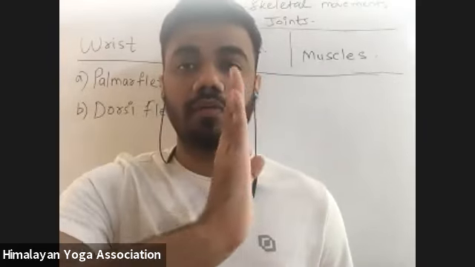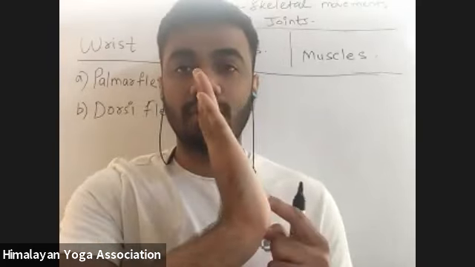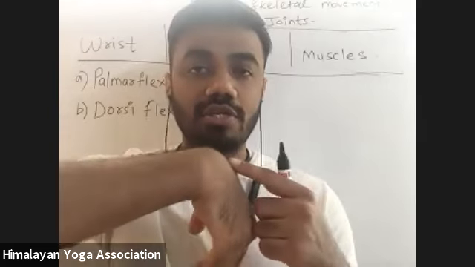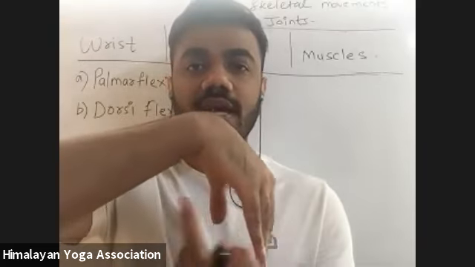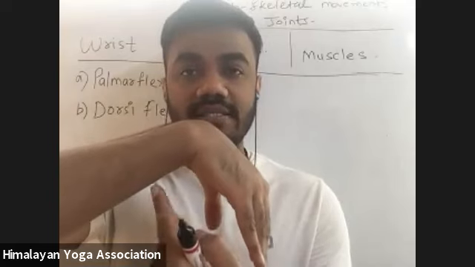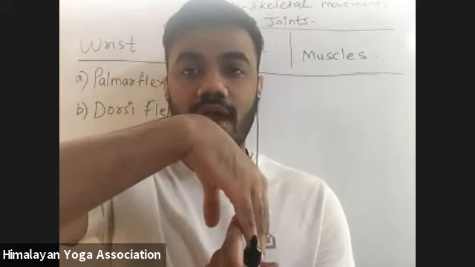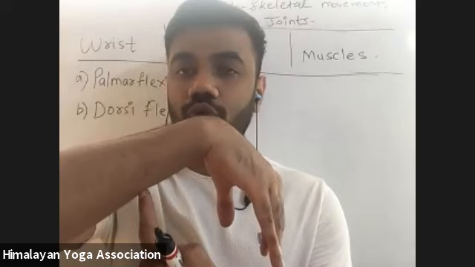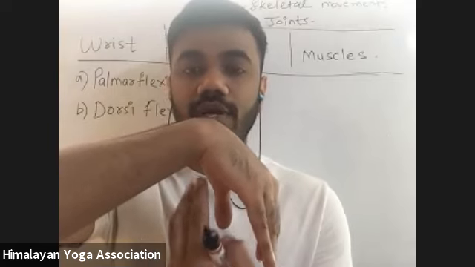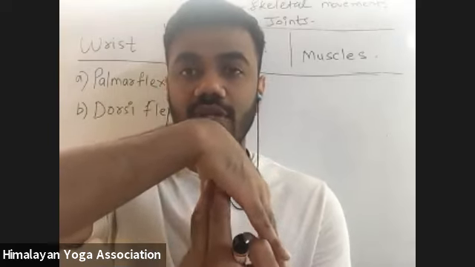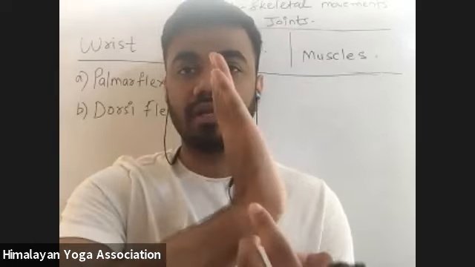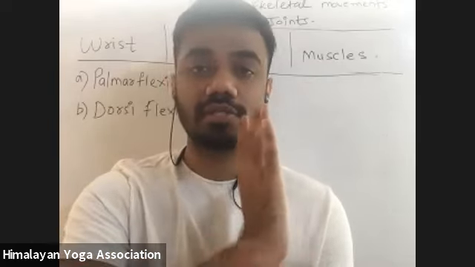When we point our fingers up, this is dorsiflexion. Flexion is when we decrease the angle between two parts. In between our hand and our forearm, the radius bone, when we decrease the angle, that is palmar flexion. Here also we decrease the angle, that means dorsiflexion.